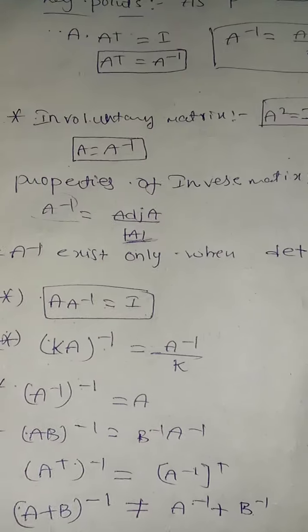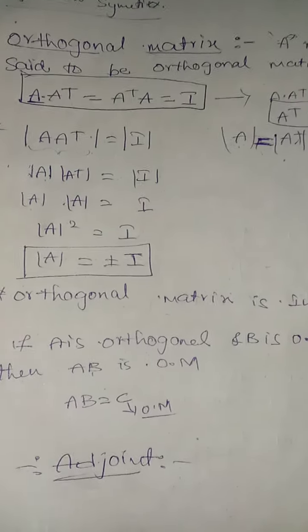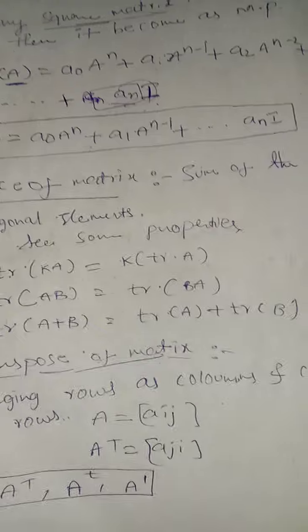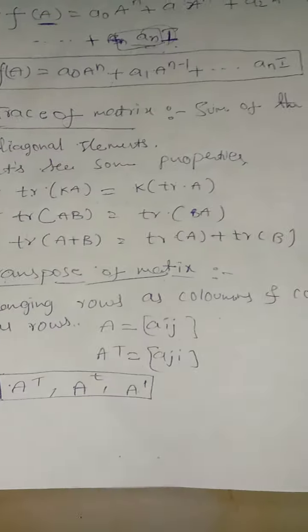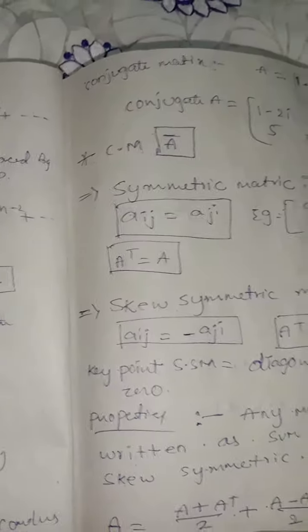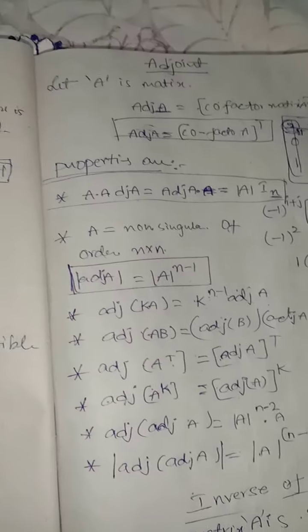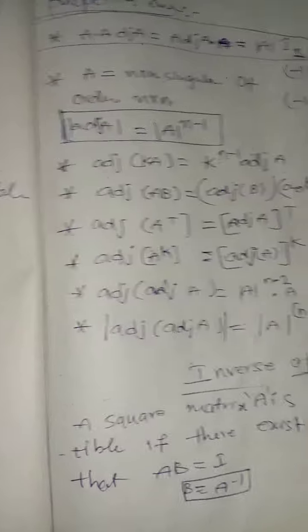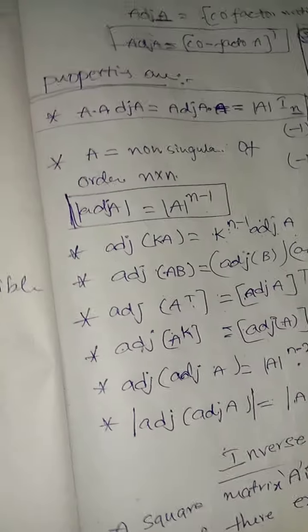Okay, these are the things I explained today. I explained the matrix polynomial, trace of a matrix, transpose of a matrix, conjugate of a matrix, symmetric matrix, skew symmetric matrix, and also some of the properties. I also explained the orthogonal matrix, adjoint of a matrix, and inverse of a matrix.